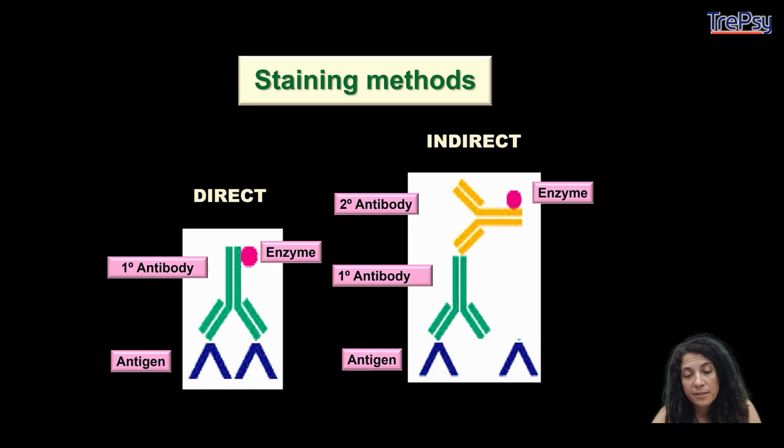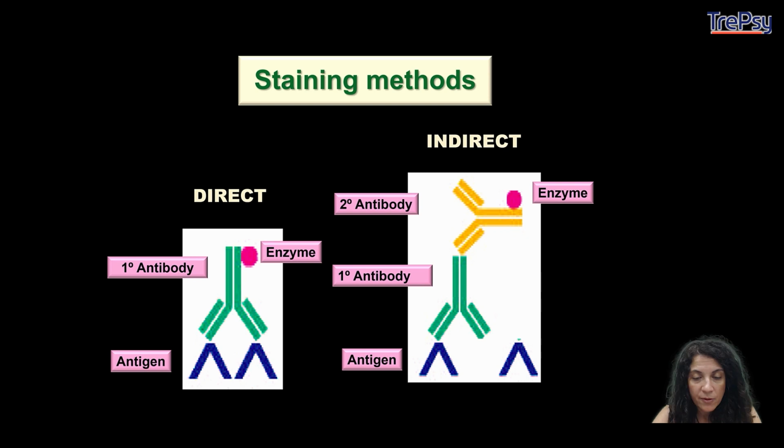We have different staining methods. The first method is the direct method, and it was the first method developed. We have the antigen, that is the protein that I want to see, and I have my antibody with the enzyme.